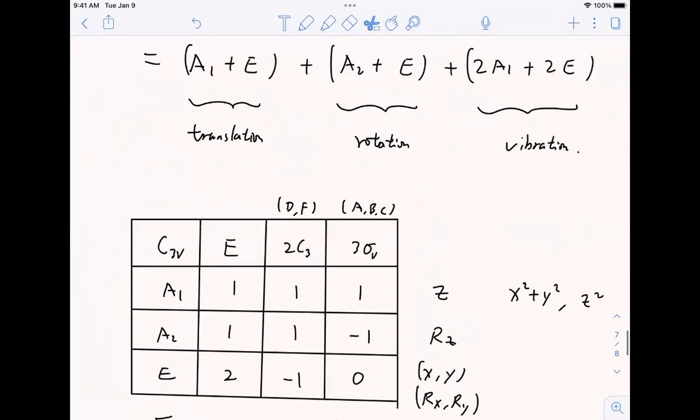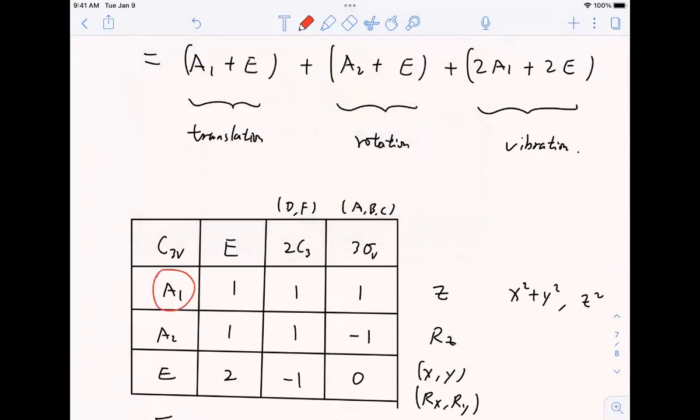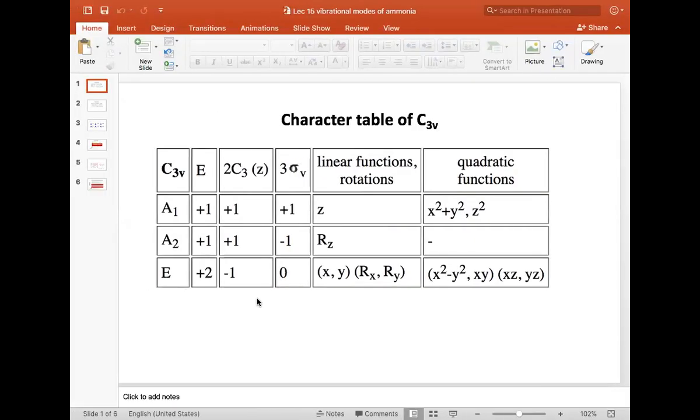Okay, you have 2A1, so you have two vibrations of that type, and 3E2. Okay, so these are the vibrations. There's no A2 vibrational mode. So these are the transformation properties. You can also write a little bit more here. So these are the representation, the function.